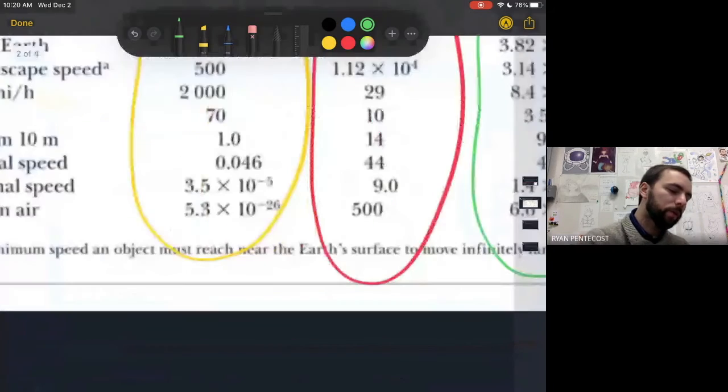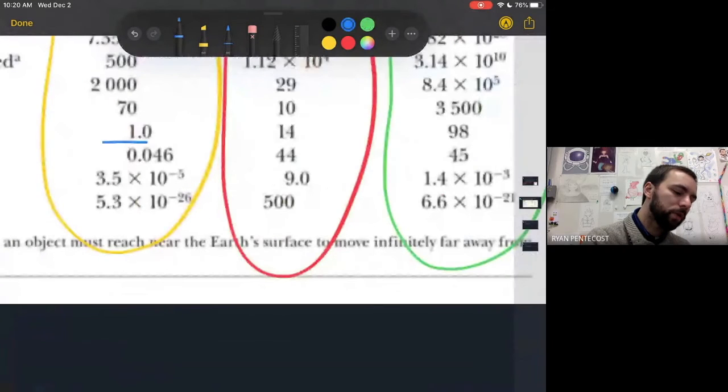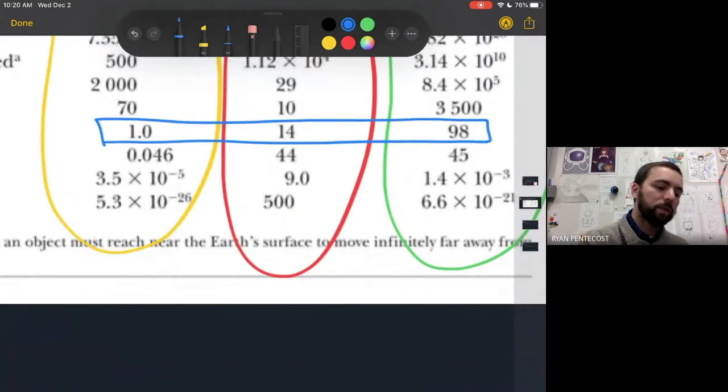So what I'm going to do is use the stone dropped from 10 meters. Since the mass is 1, it's very easy to do. So if you take mass times velocity, that gives you 14. Well, that didn't do anything for us, right?